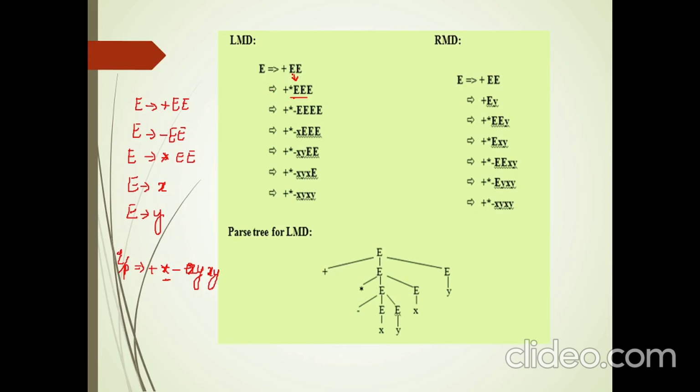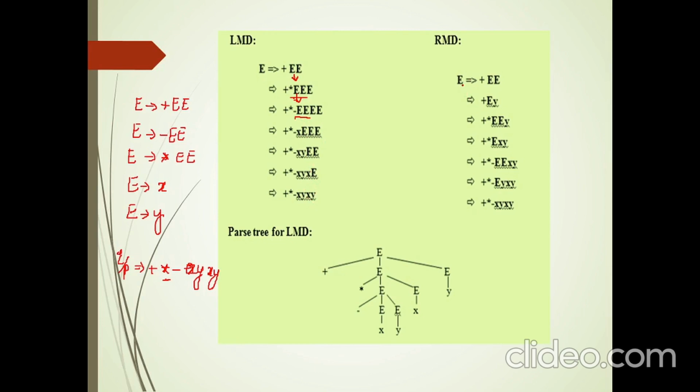That is the leftmost E. So this E will give you star E E. Next, you are supposed to get minus. So this E needs to be replaced by minus E. Now we got all of plus star minus. Next one to obtain is xy. So the first E will be replaced by x, next E by y, third E by x, and finally E by y.